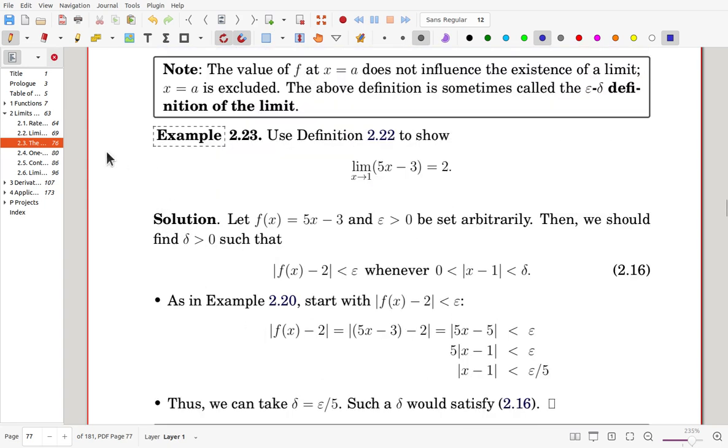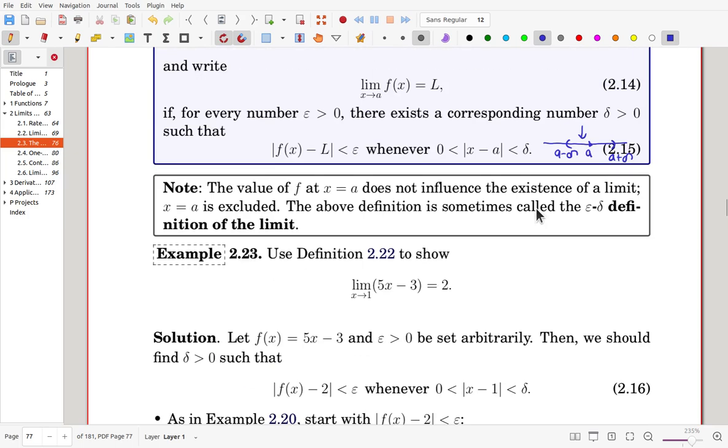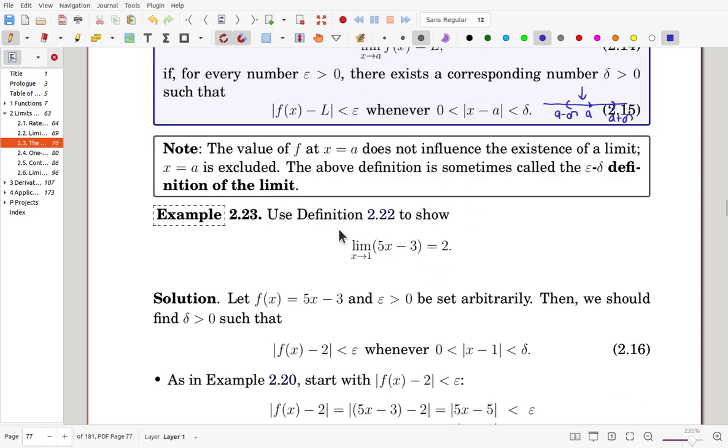Now, again, we'll try to solve one more problem. We try to use definition 2.22 to show that the limit as x approaches 1 of 5x minus 3 is 2.